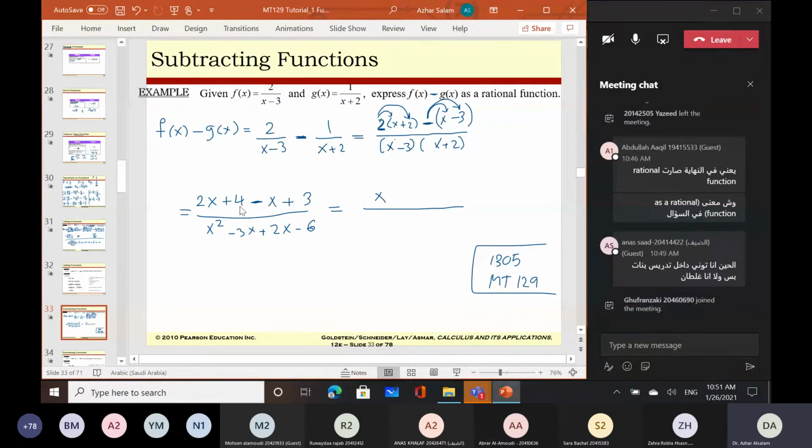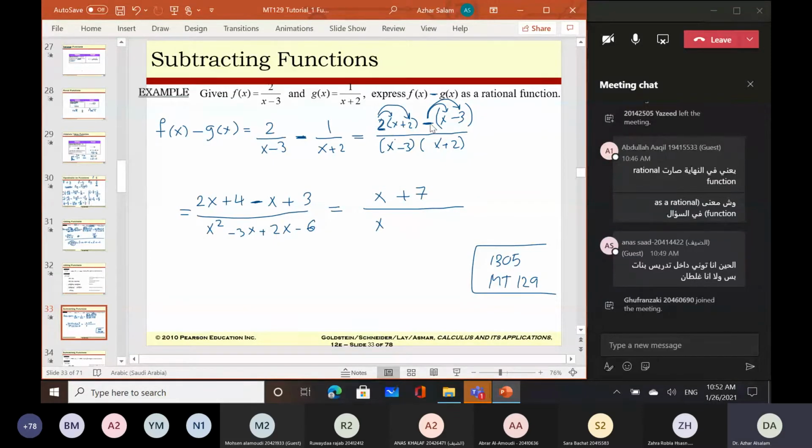And here also I have 4 plus 3, which will be x plus 7. Okay, 4 plus 3 gives me 7. And last thing here I have just to add minus 3 and plus 2.